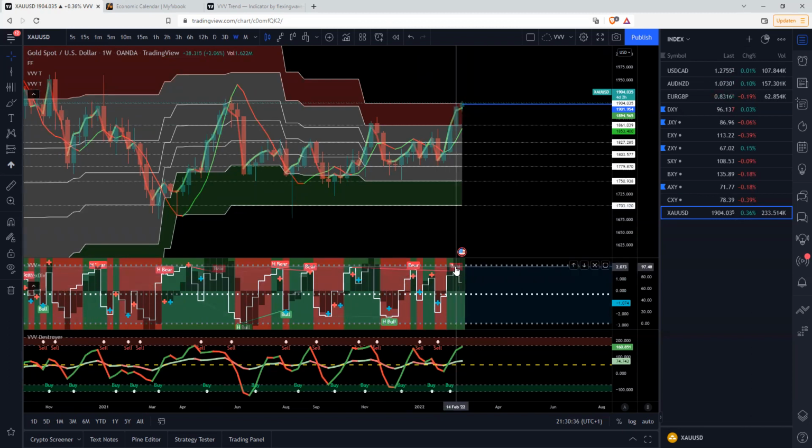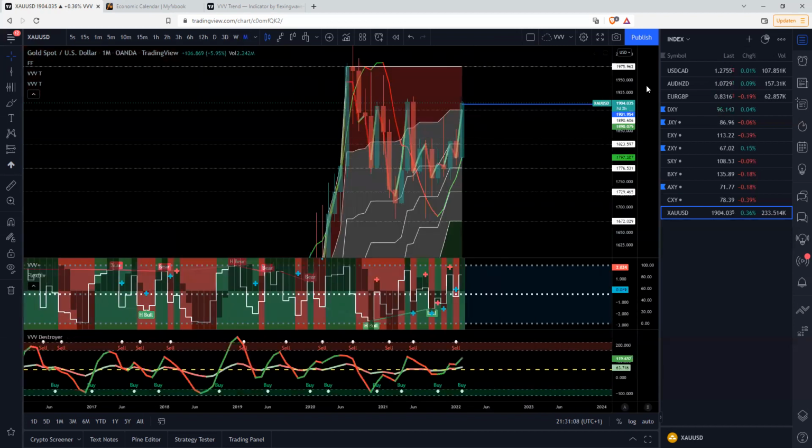Maybe we get the bearish signal as well. So yeah, I want to see a possible pullback to the previous supports, which is 1873. I want to see the price coming back, and after that, I think we can have the momentum.